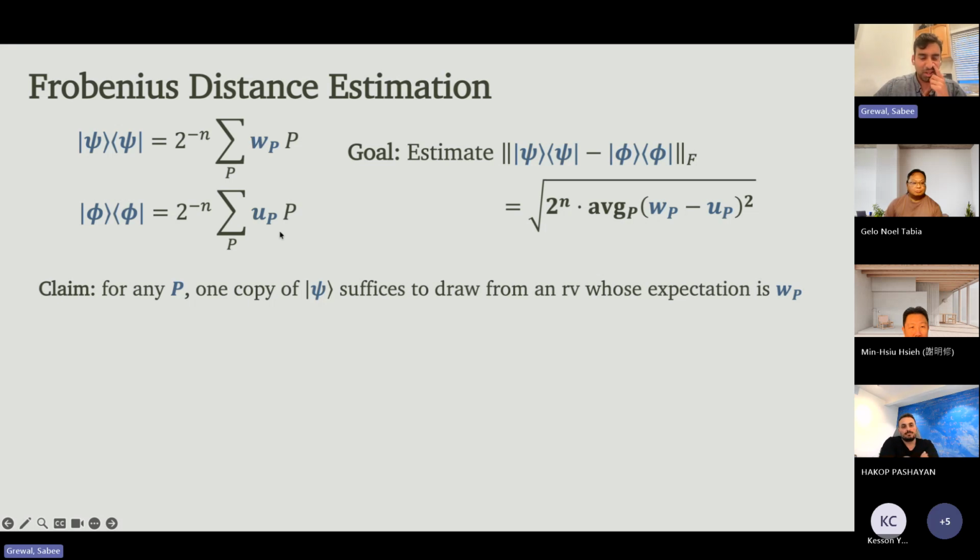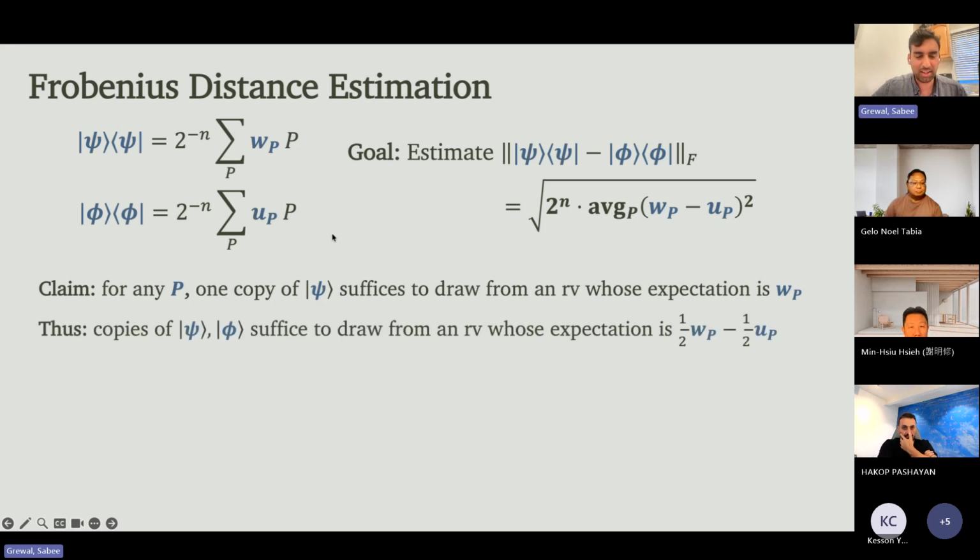Okay, so that means that with a copy of psi and a copy of phi, we can draw from a random variable whose expectation is WP minus UP, with a factor of 1/2. What we do is use this first claim to draw from each random variable separately, and then take the difference of the two.